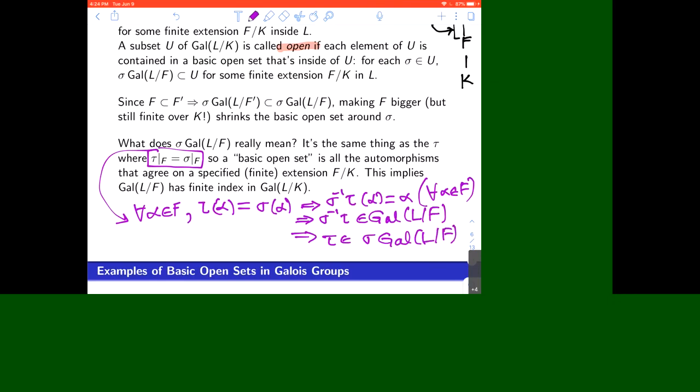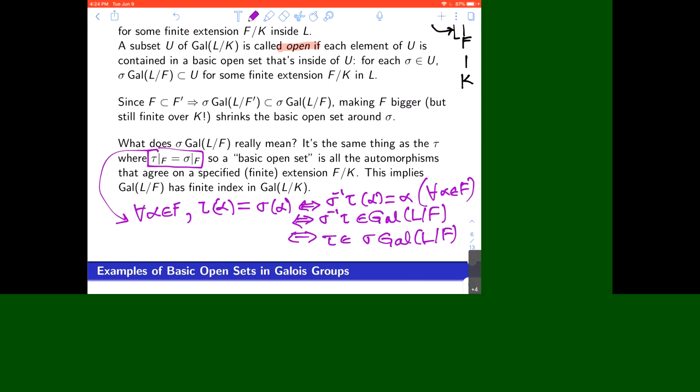And these implications are all reversible. If tau is in that coset, then sigma inverse tau is inside that group, but to be in that group means that you're equal at all elements in that field. And then by applying sigma to both sides, you get back that tau and sigma had the same behavior.